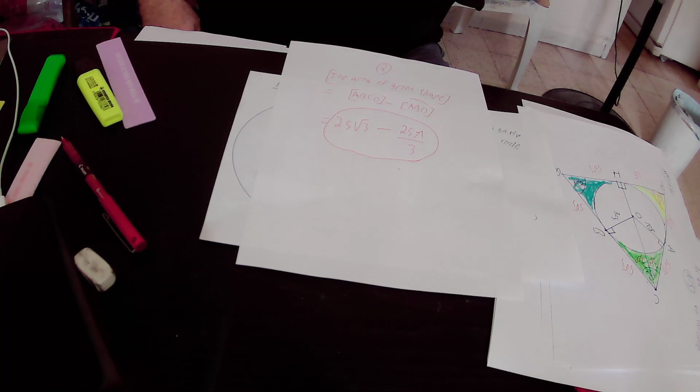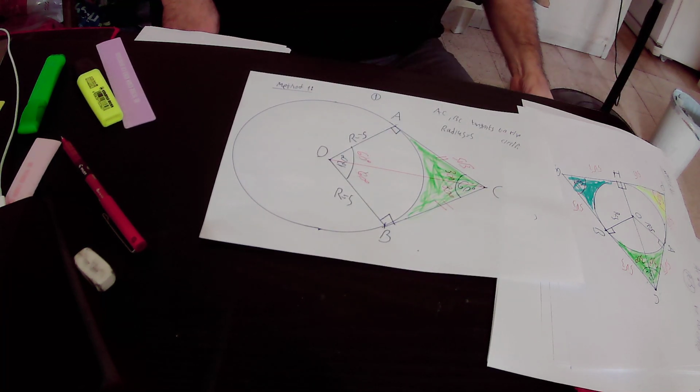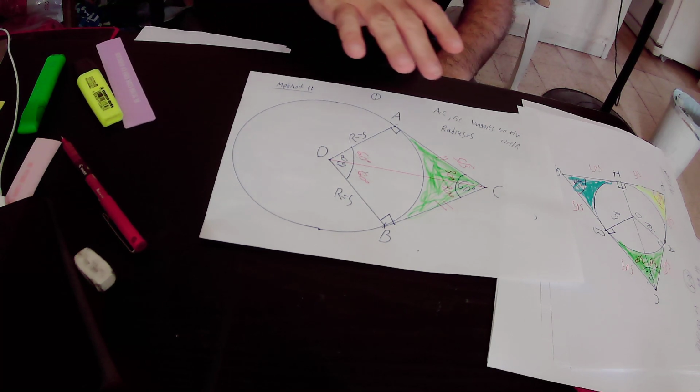So the area of the green shape equals 25 times root 3 minus 25 pi over 3 square units. Okay, that is the first method to find the area of the green shape.